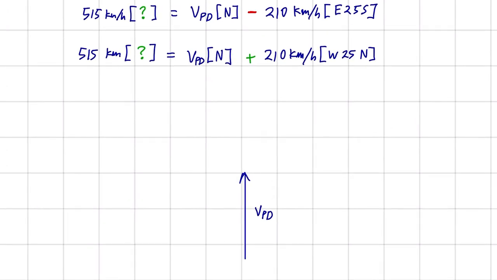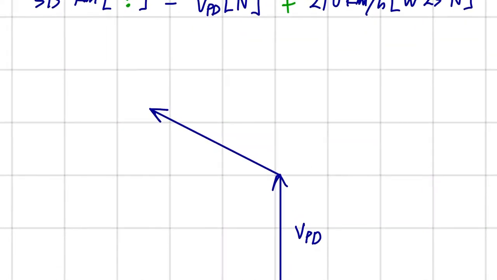And we add 210 west 25 north. I'm just going to guess the length of this because we don't really have a reference. So let's just say this is about 210. And we're going west and then up 25 degrees towards north. So it's going to be something like this. That's our 210 kilometers per hour.